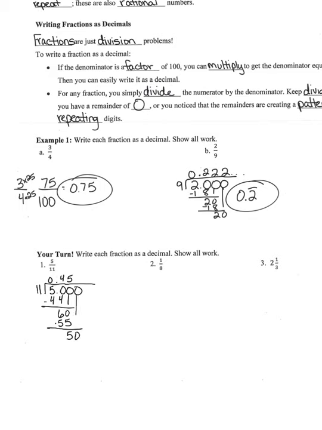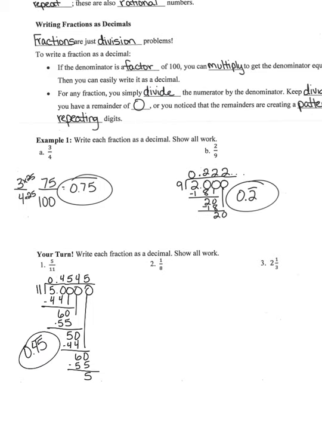Bring down my 0, 50. 11 goes into 50 4 times. 11 goes into 60 5 times. Are we starting to see a pattern here? I've got 0.4545. So that is a repeating decimal because I have a pattern. My decimal equivalent here is 0.45, and because both the 4 and the 5 repeat, my line goes above both.